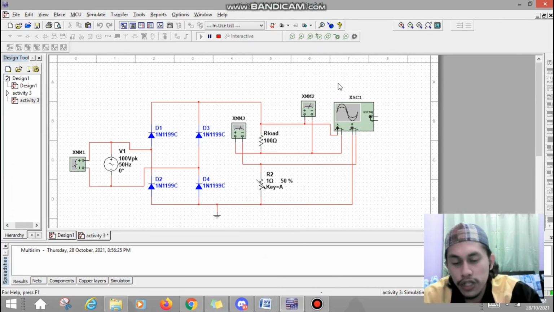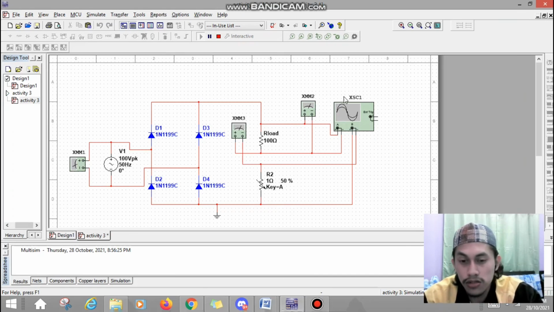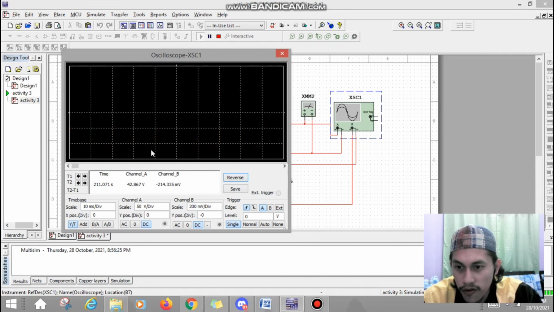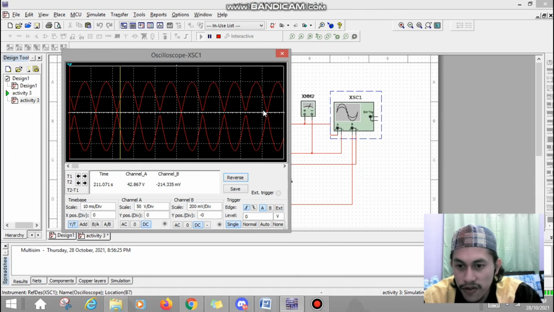Next we need to find the Vout and the IR inverse at the variable resistor on this side. So we need to connect the oscilloscope to the variable resistor at channel B. After we run the circuit, we check the waveform. At the bottom of this waveform, it shows the inverted phase of the sine wave.